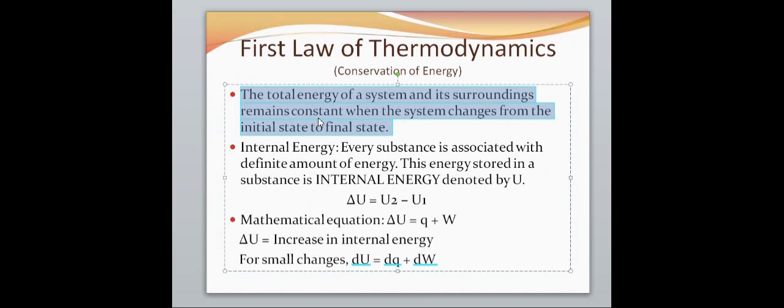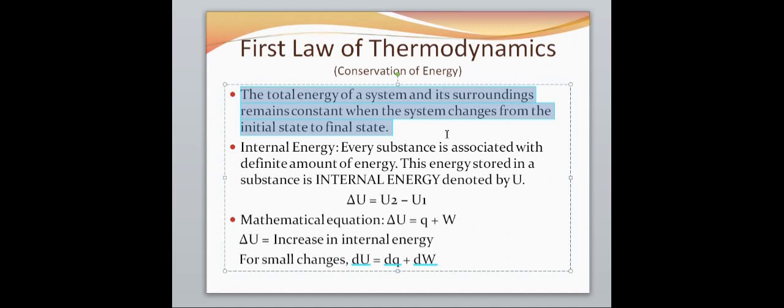Now, what does the first law of thermodynamics say? The total energy of a system and its surroundings remains constant when the system changes from the initial state to the final state. For example, if I keep one ice bar, a solid ice, as my system on the table, over a period of time that ice bar will turn from solid into liquid.